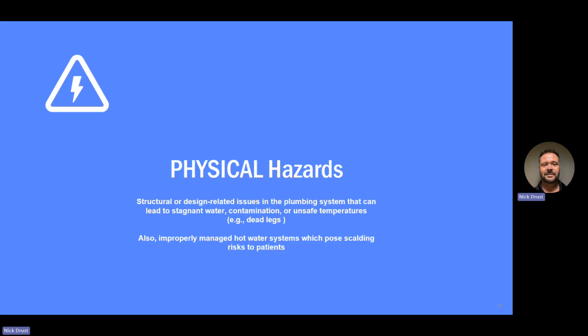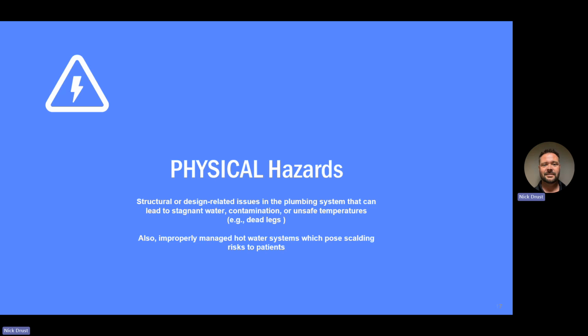The second category is physical hazards. While microbial hazards are the organisms themselves, physical hazards are the conditions within the building water system that create opportunities for those organisms to grow and spread. These are often the root causes that water management teams can directly influence.